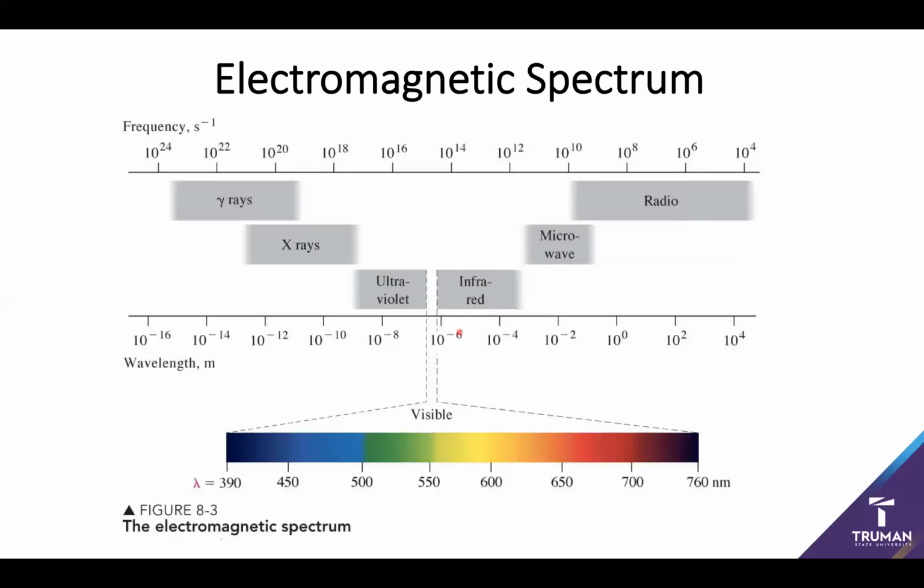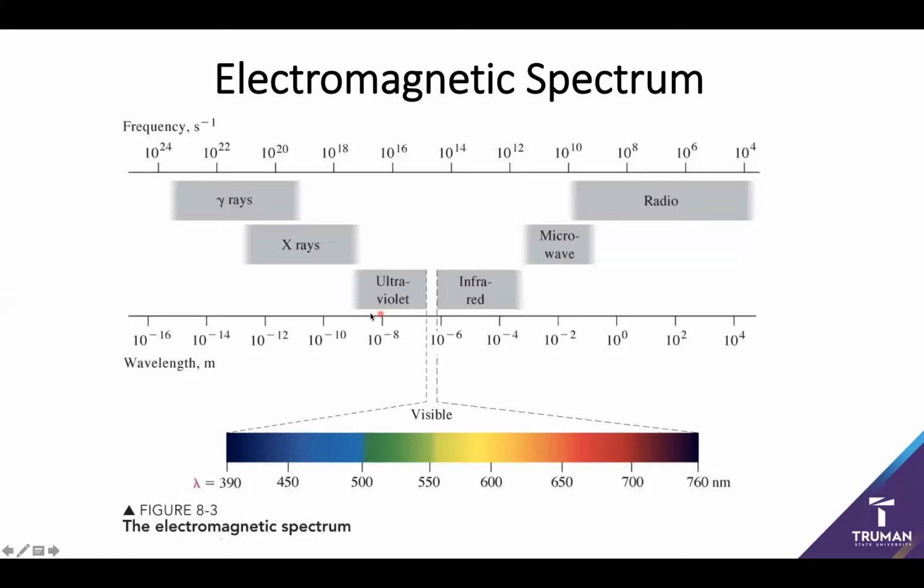But this is also the region that's responsible for things like infrared goggles, because it turns out everybody emits electromagnetic radiation, and people, just due to their body warmth, will release infrared light. Then we have our classic visible light spectra, which we'll mostly be talking about.